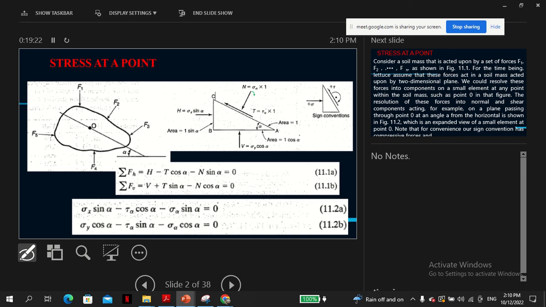You can see the component of this is negative, and the component of that is also negative. That is the reason why you see this is minus.